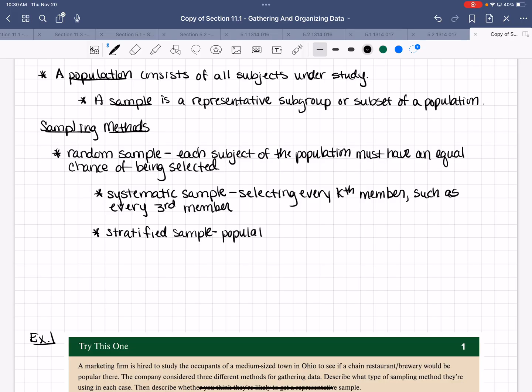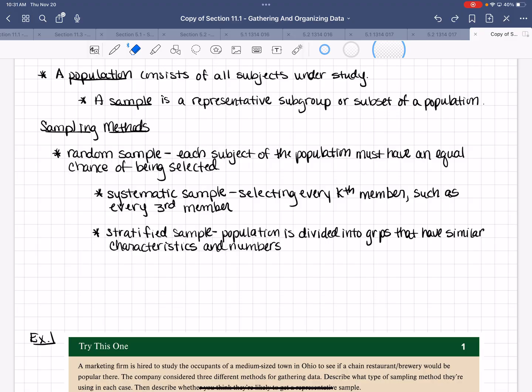The population is divided into groups that have similar characteristics, and members, I'm sorry, members, not numbers, from each group are chosen at random.